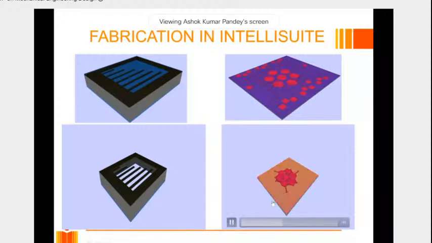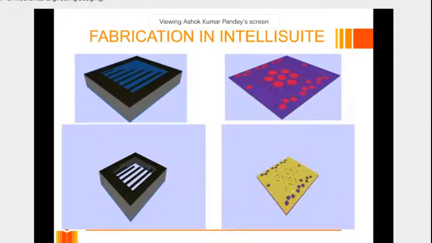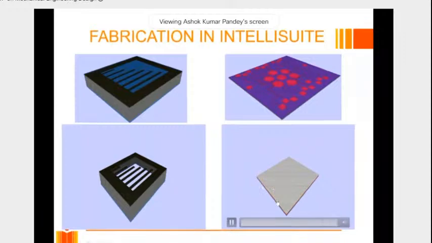So the multi-stage, or I would say multi-layer, fabrication process, where in one layer you are fabricating, let us say, the pads, in another layer you are fabricating the beams, in a third layer you are fabricating the structure and all. So that way also you can do complete multi-step processing using these softwares. And the similar way you also fabricate it, of course.